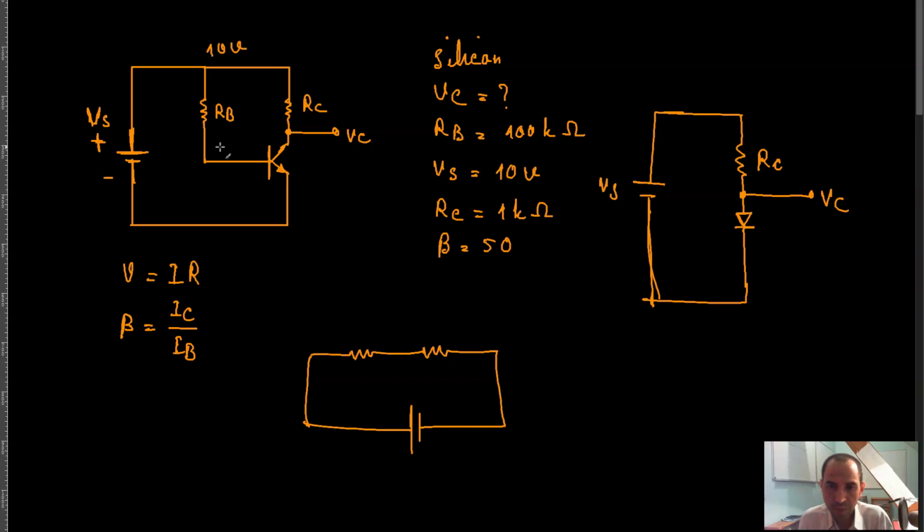Very clever way of doing things. Otherwise, to change the current in this loop, you would have to either change the power supply voltage or change the value of this resistor. But here you don't have to do either of those two things. You can keep the power supply constant. You can keep this resistor constant.